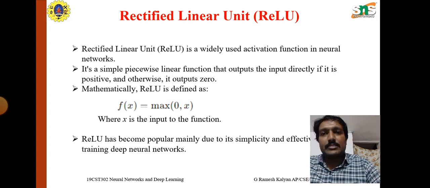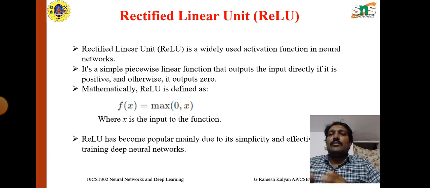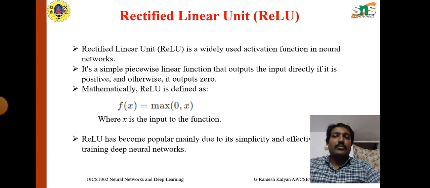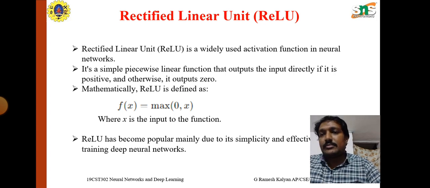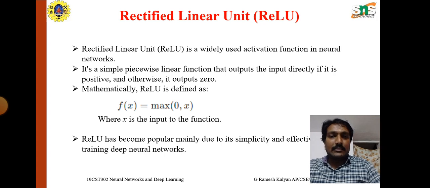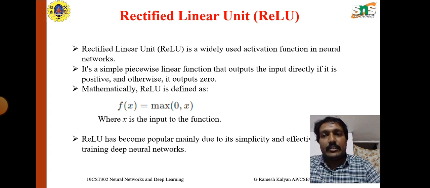This is a simple activation function that is mainly used in neural networks, especially in the training of deep neural networks. It gives a positive output if the input value is positive, or else it outputs 0 if the input value is negative.